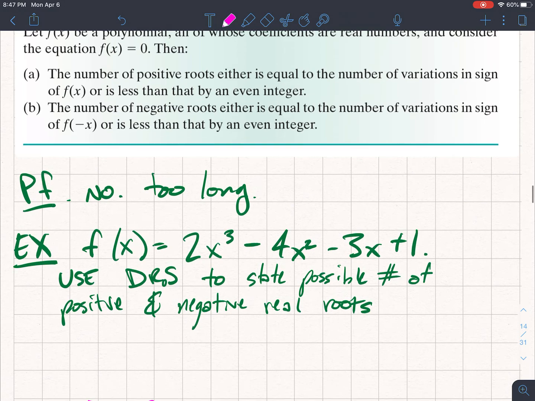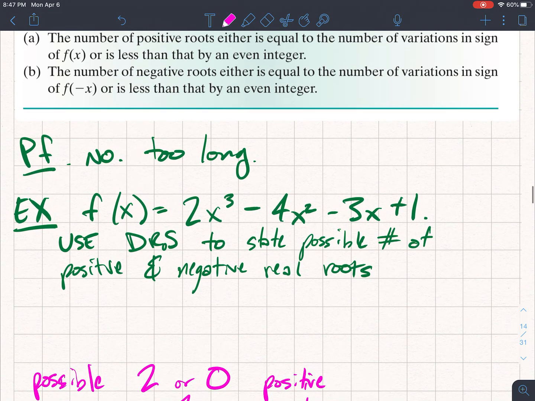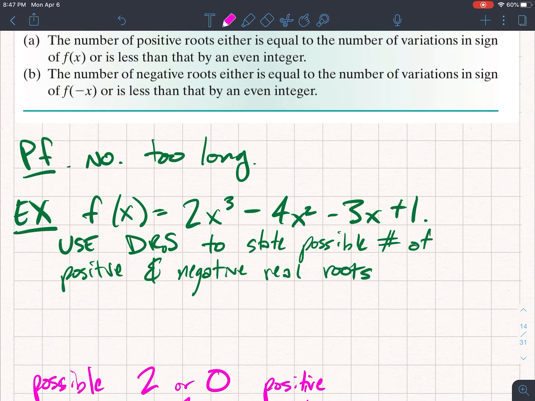Okay, welcome back. Descartes' rule of signs tells us that there are 2 or 0 positive real roots. The first term is positive, the second term is negative, so there's 1 sign change. The next term is negative again, that's not a sign change, so still 1 sign change. And then I go from negative to positive, so that's 2 sign changes.